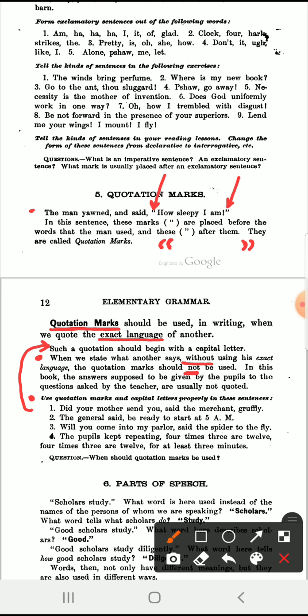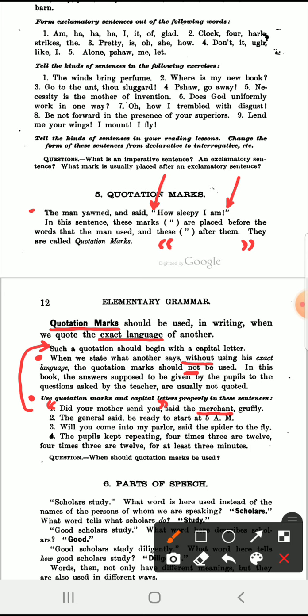And when we look at that sentence, we see that the merchant was the one speaking, and what he said was, "Did your mother send you?" So we should put quotation marks before the merchant's words, and we should put quotation marks after the merchant's words.